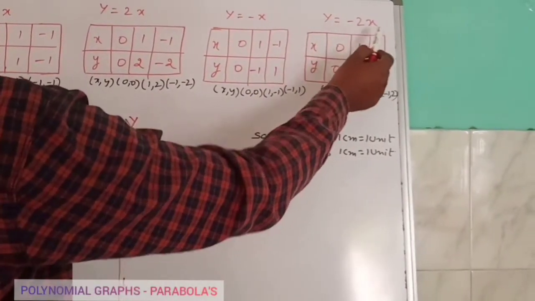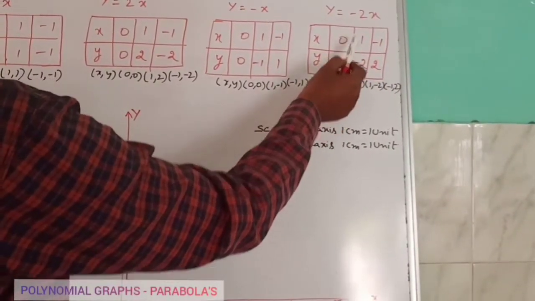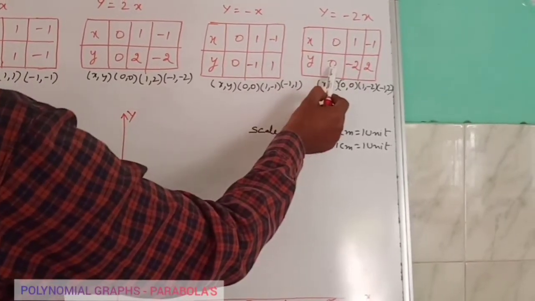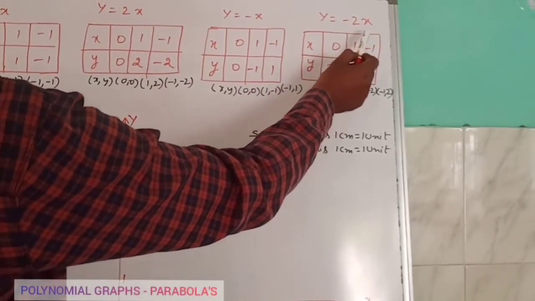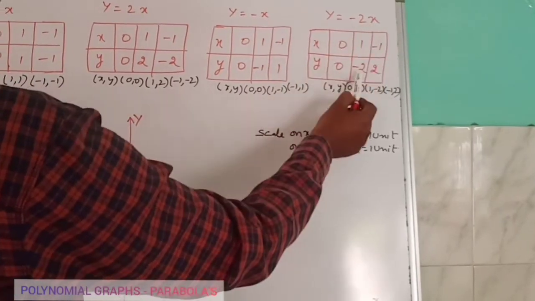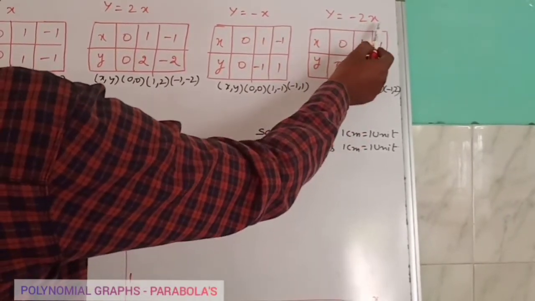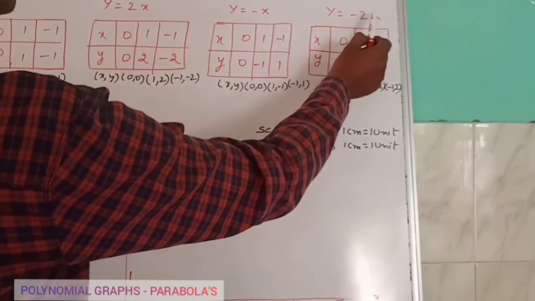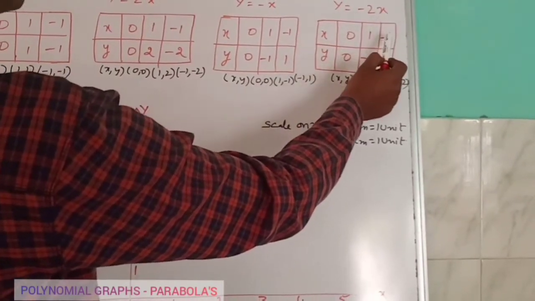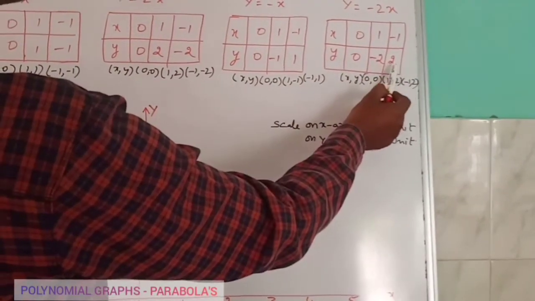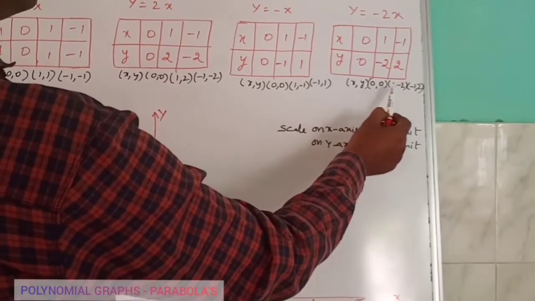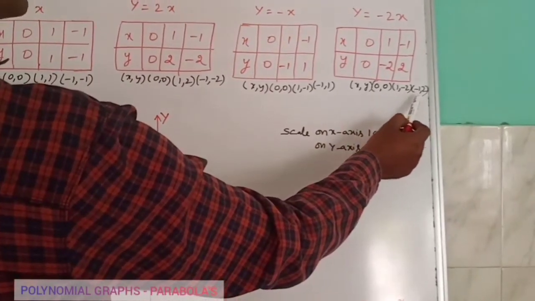Y equal to minus 2x: x value 0, 0 into minus 2 equals 0; x value 1, minus 2 into 1 means minus 2; x value minus 1, minus 2 into minus 1, minus into minus plus, 2 ones 2, so here plus 2. So 0, 0; 1 comma minus 2; minus 1 comma 2.